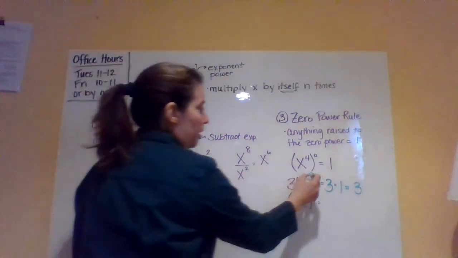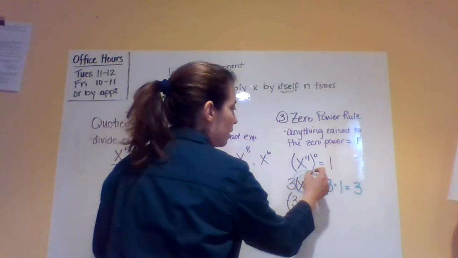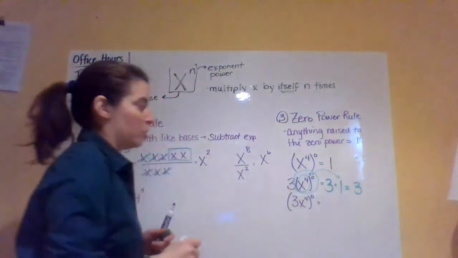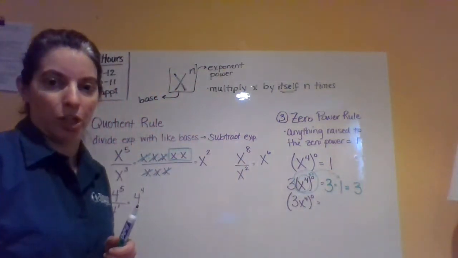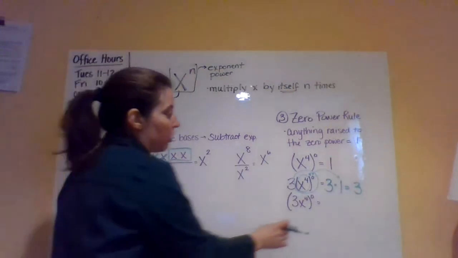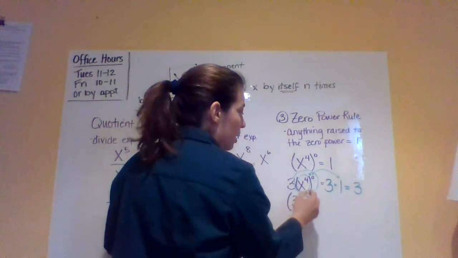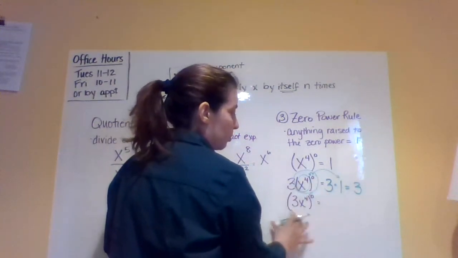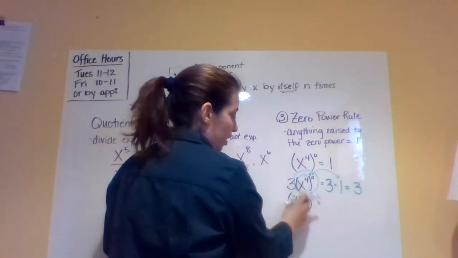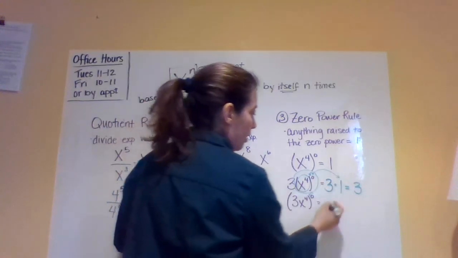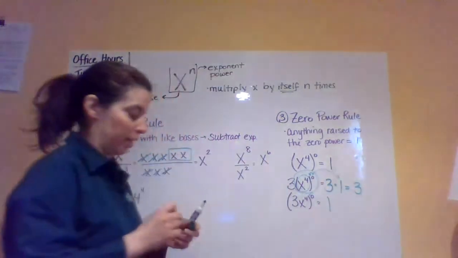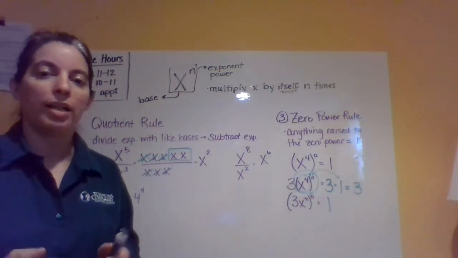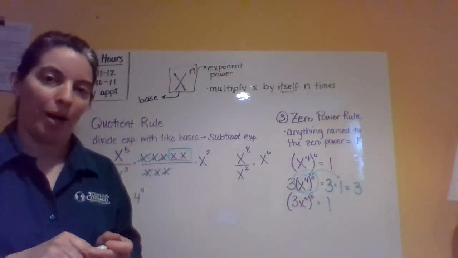Okay, because this part right here is the part that's raised to the 0 power that becomes 1. Let's look at this one. Now, this exponent is with those parentheses, but everything is in parentheses. So all of this is being raised to the 0 power. So again, this whole thing is 1. So just watch what exactly is being raised to the 0 power.